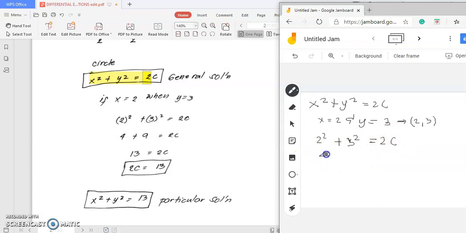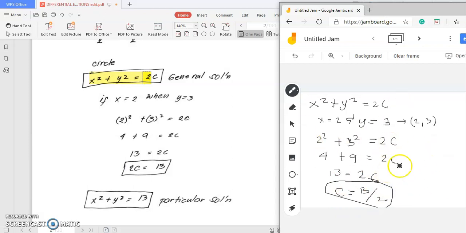So you have 2 squared is 4 plus 3 squared is 9 equals 2c. This is 13 equals 2c. Then you have your c, which is equivalent to 13 over 2. So, therefore, we have our 13 over 2.